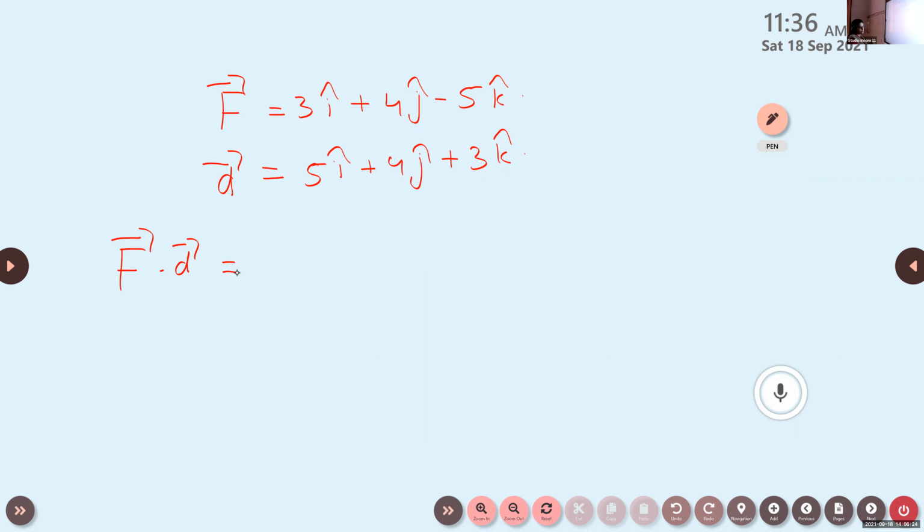Abhinav, what's the value of vector S? I'm 46. Is it 46? Is it right? What about others? Tushar, what about your value?